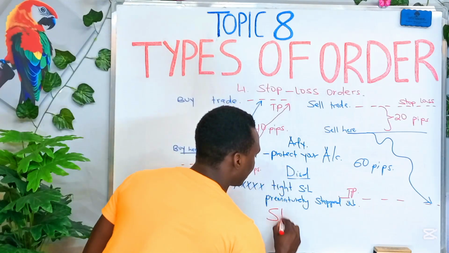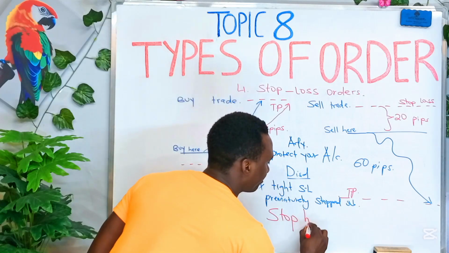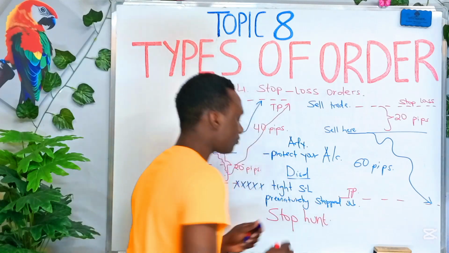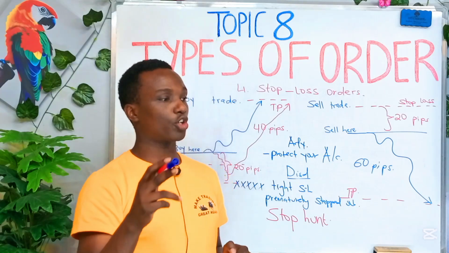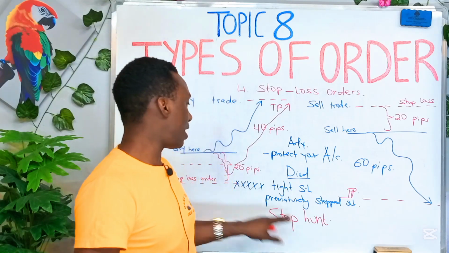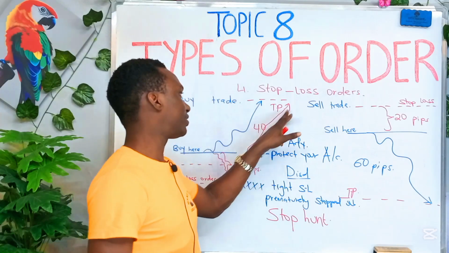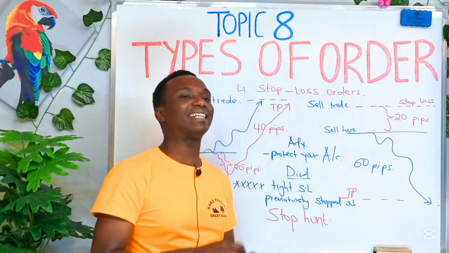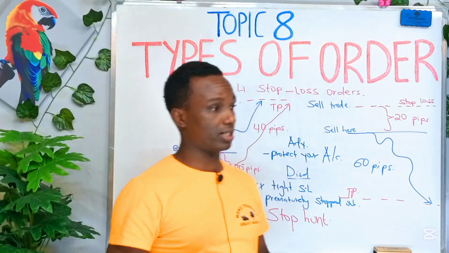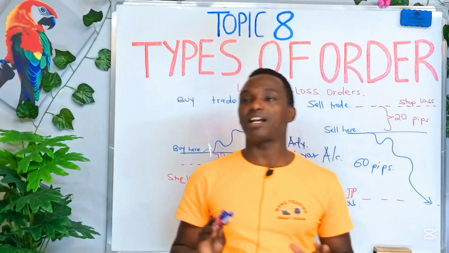This is where retail traders feel like the institutional traders are stopping them out first before the trades move to their desired directions. Okay. But it is really important to trade with a stop loss.